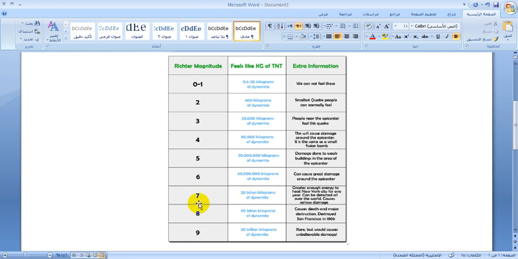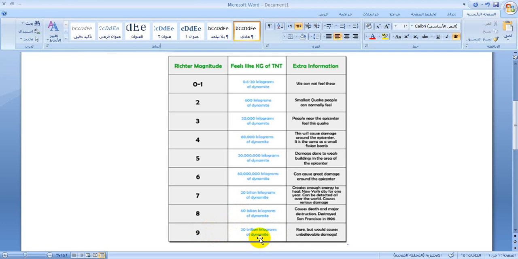If the number was 7, it is equivalent to 20 billion kilograms of dynamite. If the number was 8, it is equivalent to 60 billion. Until 9. When 9, it is 20 trillion kilograms of dynamite.